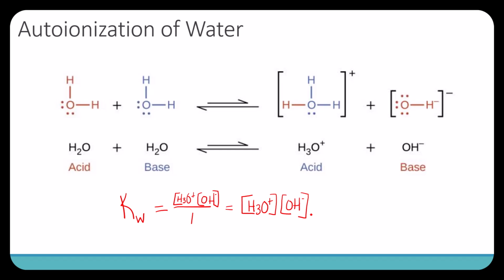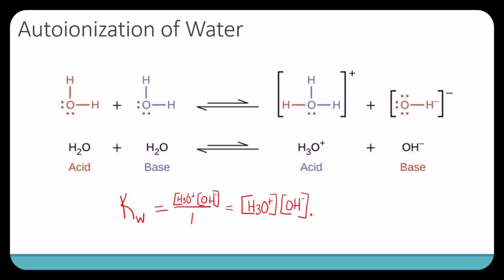And as it turns out, this value is a very, very well-known number. But let's think about it before I share with you the number. Would you expect this K value to be big? Do you think it's forward favored? Or would you expect it to be really, really small where it's reactants favored? What would you expect this value to be? Well, every 2 out of 1 billion molecules do this.